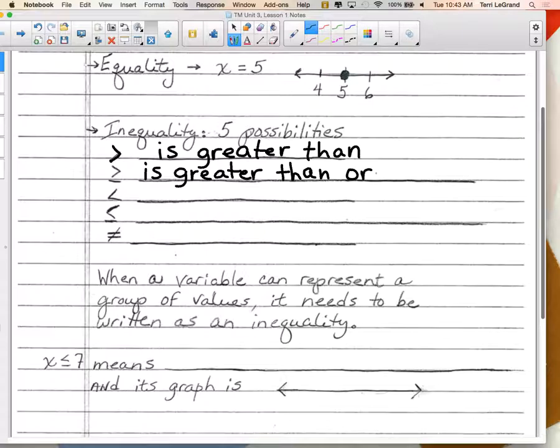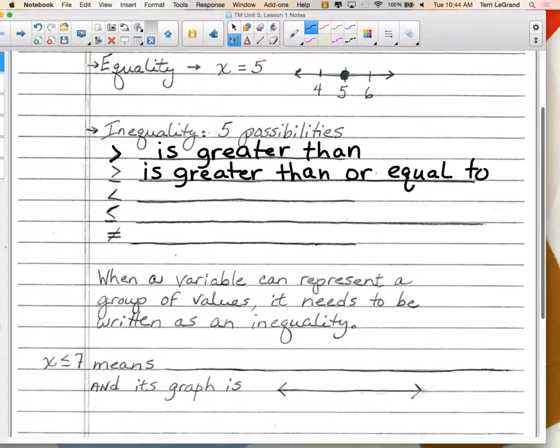Or is important that we say it, or equal to, because it doesn't have to meet both standards. There's no way you will find a number anywhere on the number line that is both greater than and equal to another number. It can't be both. So it's one or the other.